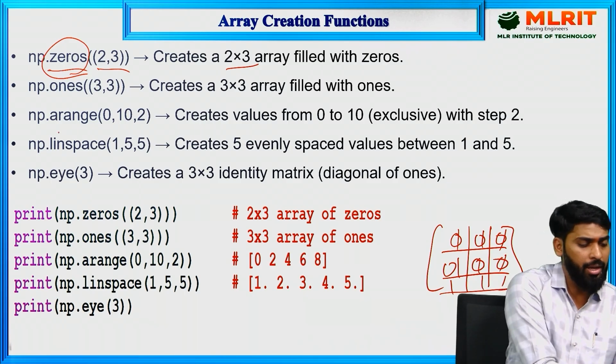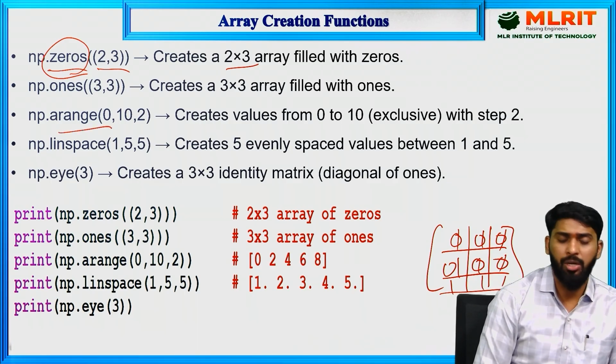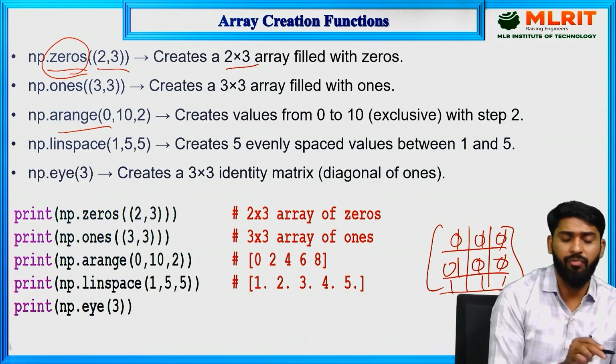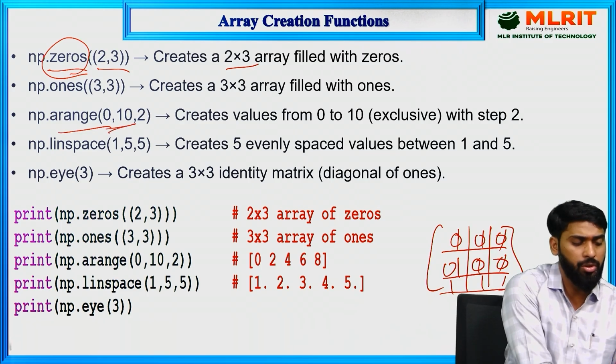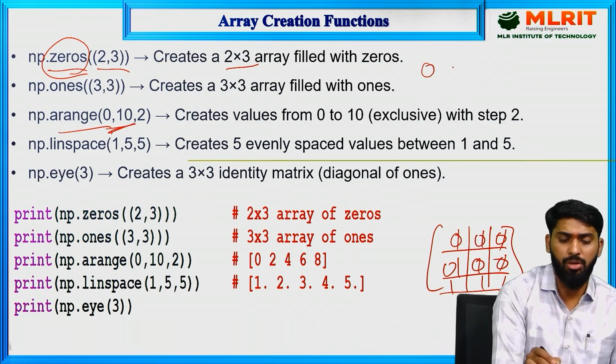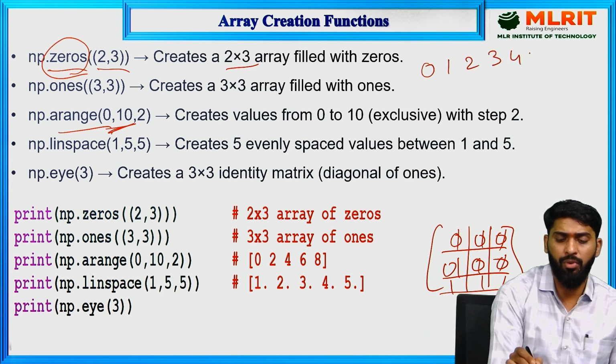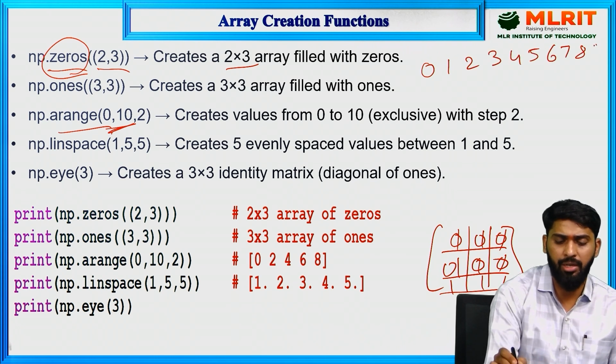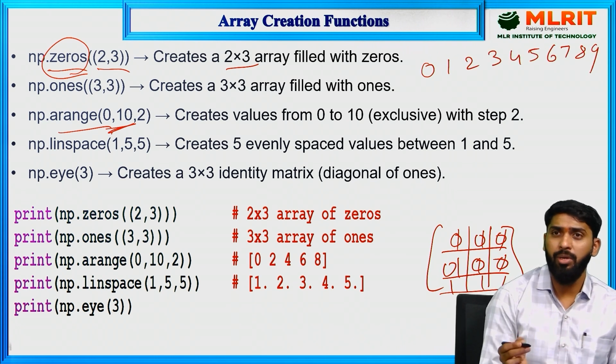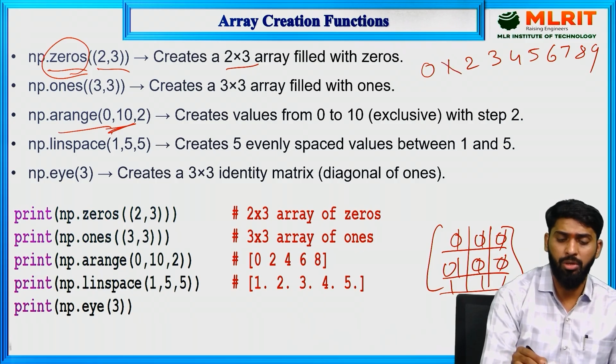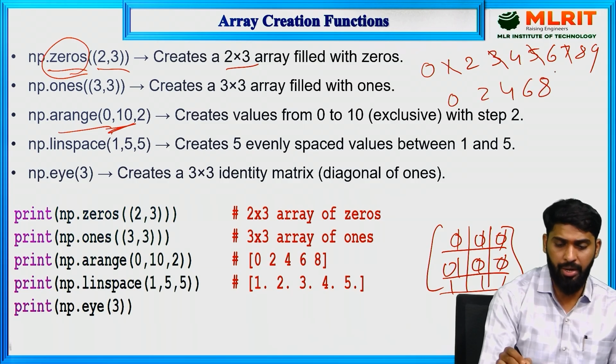Next, np.arange(0, 10, 2) means it creates values from 0 to 10 with step 2, that is 0, 2, 4, 6, 8.